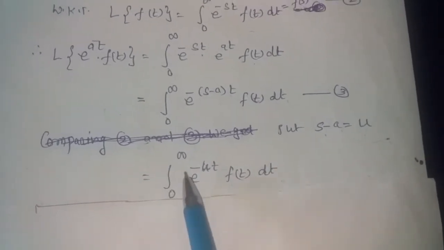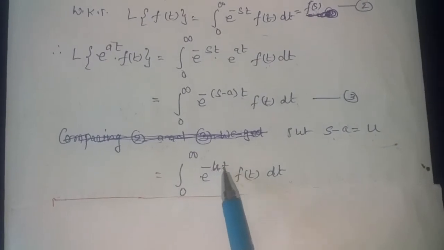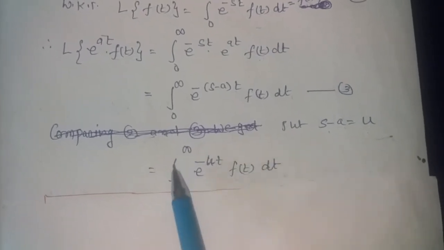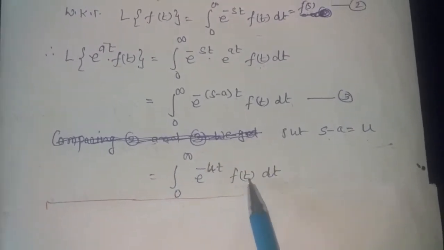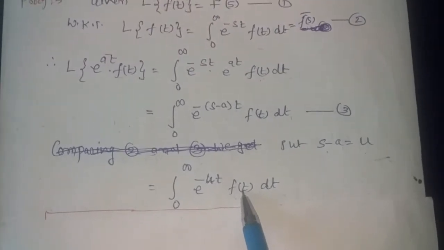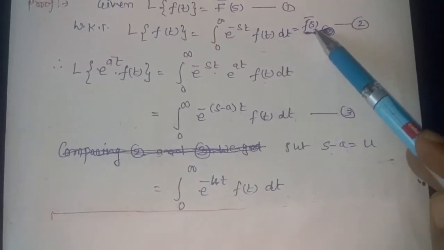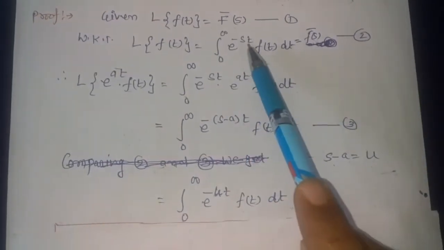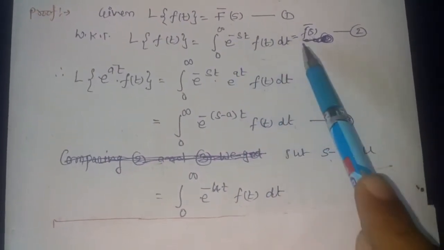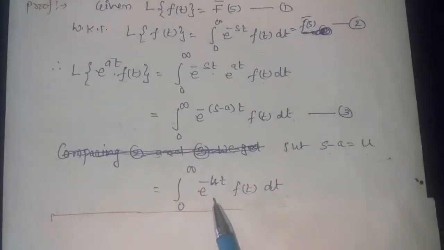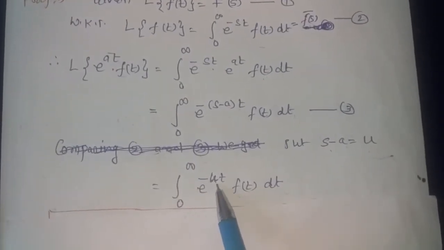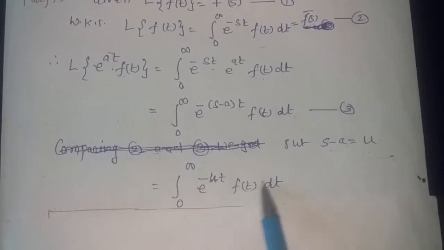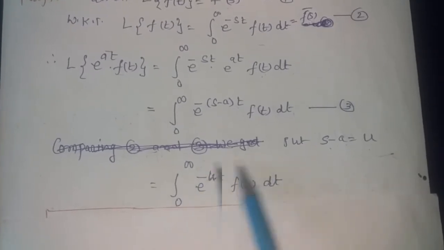This integral 0 to infinity e raised to minus ut f(t) dt, this is what? This is the Laplace transform of f(t), which we denoted as f bar s. But there the parameter of the other domain is s, so we write f bar s. But in this case the parameter of the other domain is u, so this we express as f bar u.